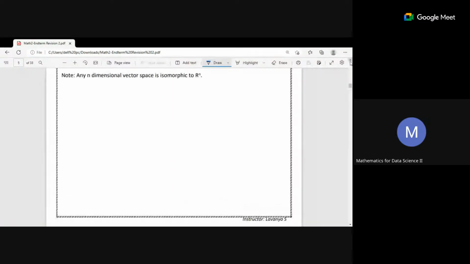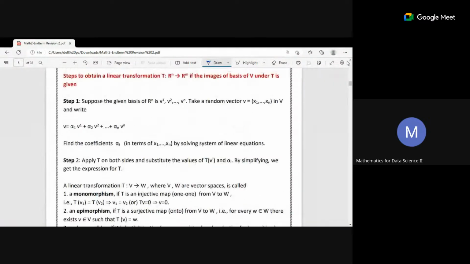Okay. So what are the steps we have done here? Whatever is the basis given to you, suppose the images of the basis of V under T are given, and you want to obtain the linear transformation. Suppose the given basis of Rn is this. Take any random vector v equal to x1, x2, xn and write v as a linear combination of this.